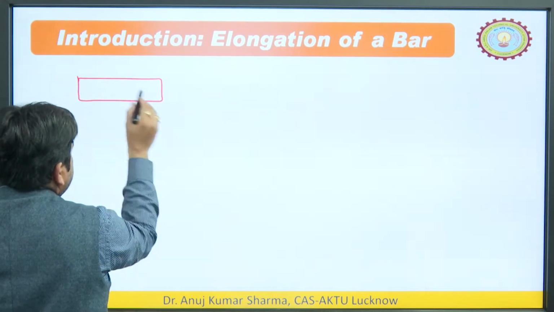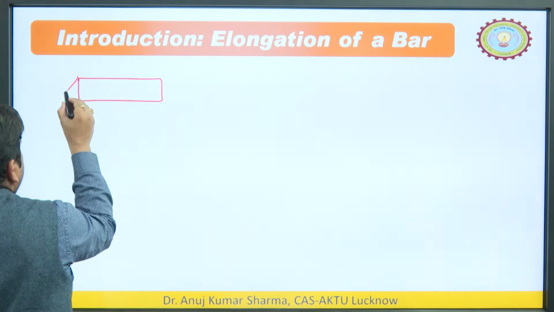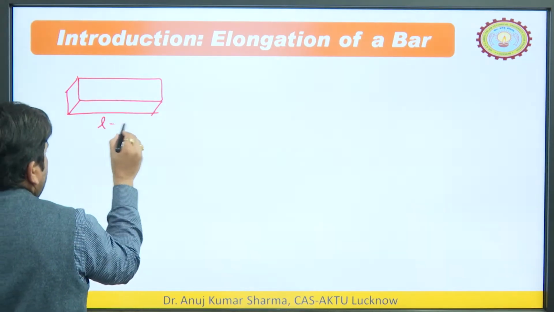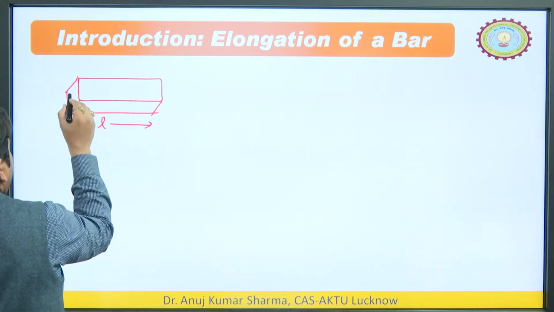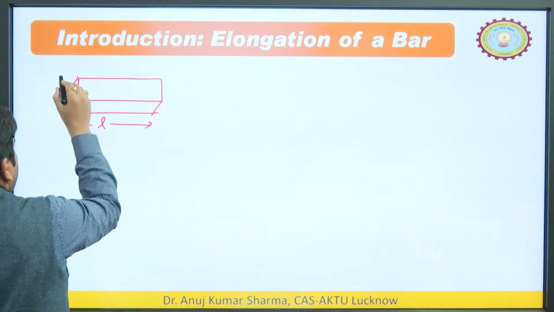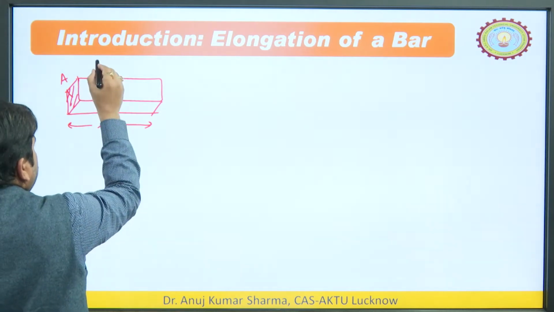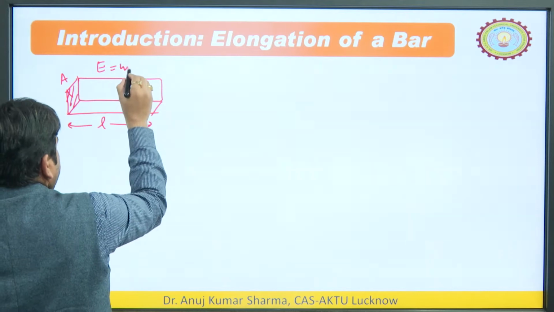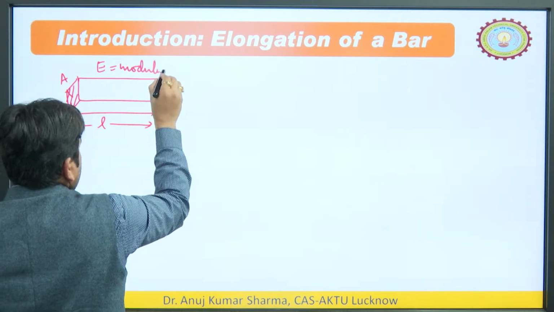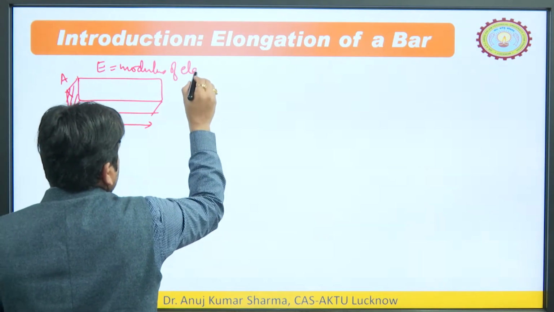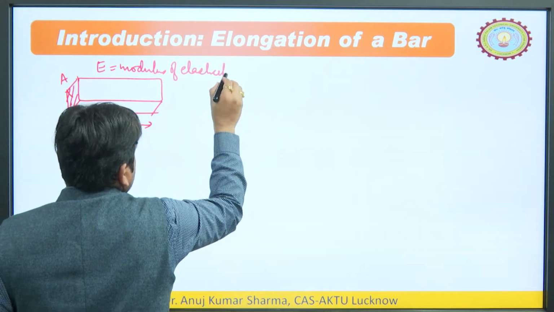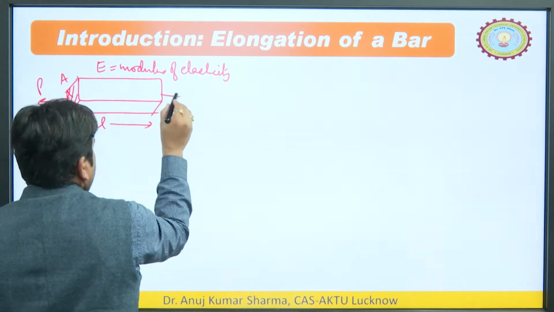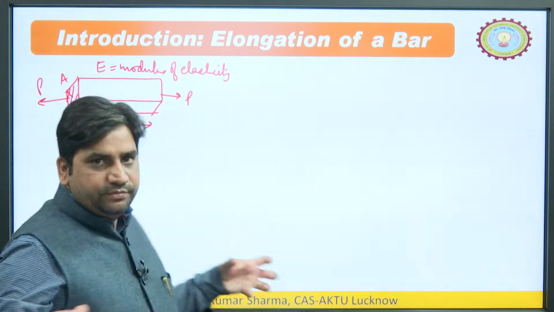Let us say this is the bar whose length is L, and the cross sectional area is A, right, and the modulus of elasticity of the material is E. So, let us say we apply some force here and we want to calculate the elongation, right.